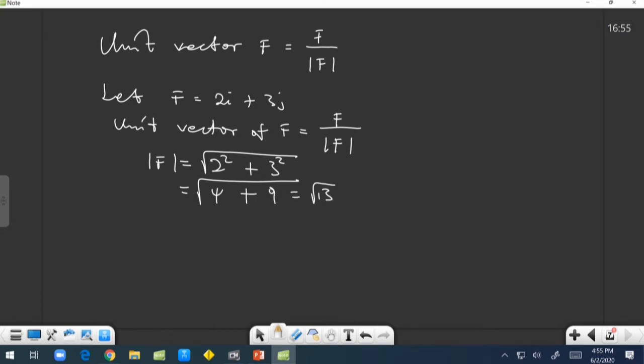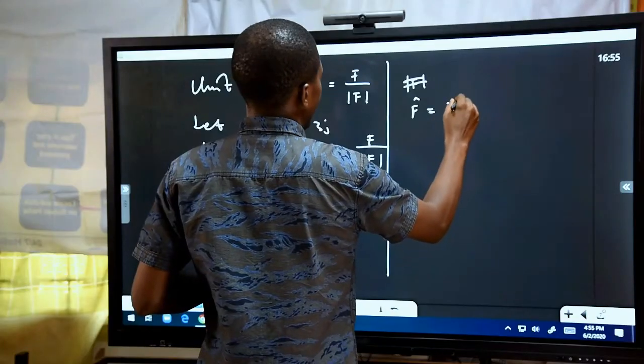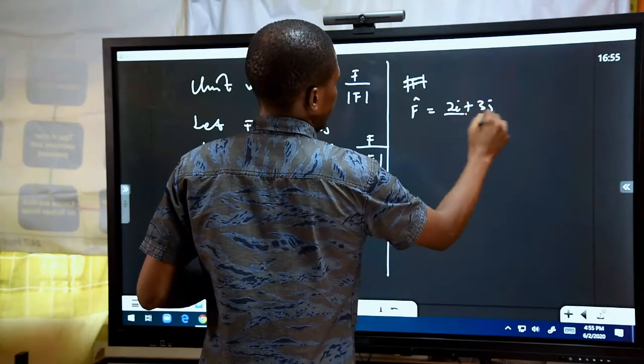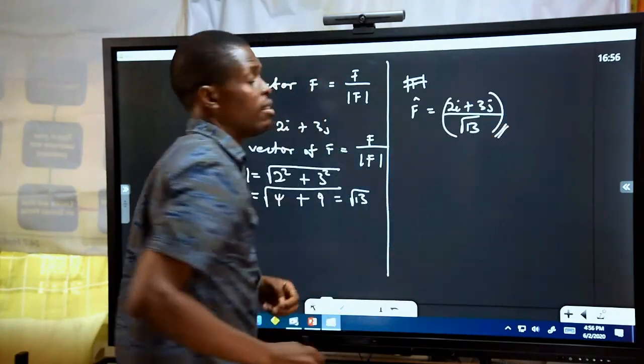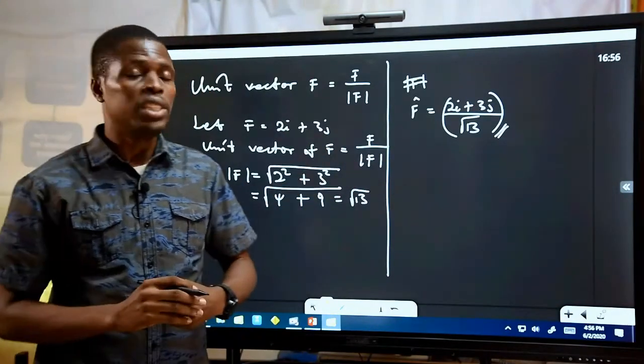Therefore, the unit vector of F is equal to F, which is 2i plus 3j, divided by root 13. We can write it like this, and that is the answer. So that's for the unit vector in terms of the ij parameters.